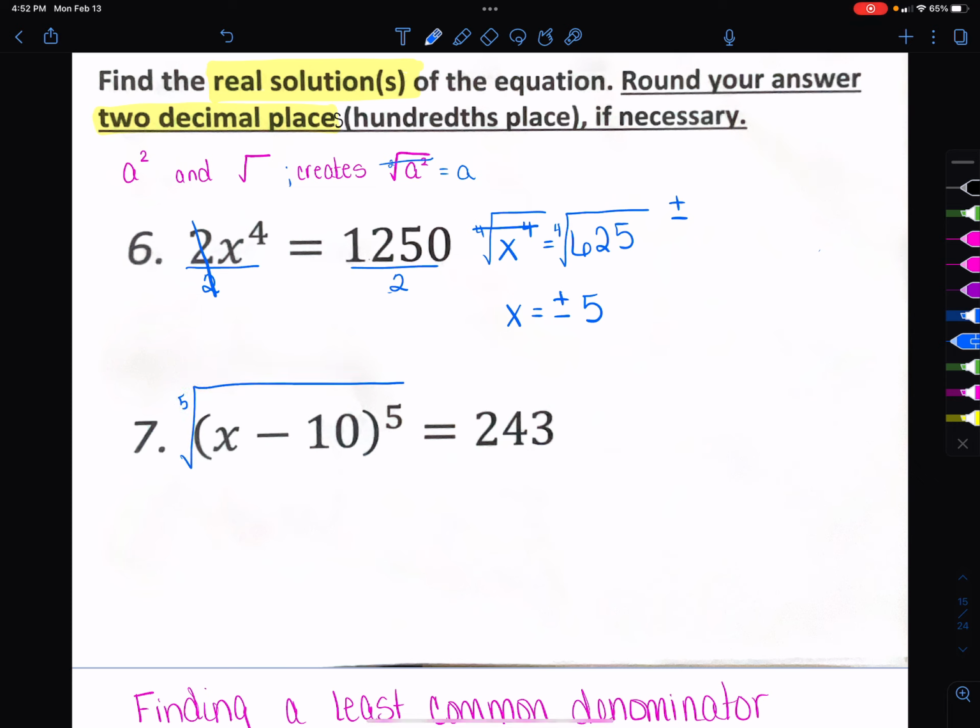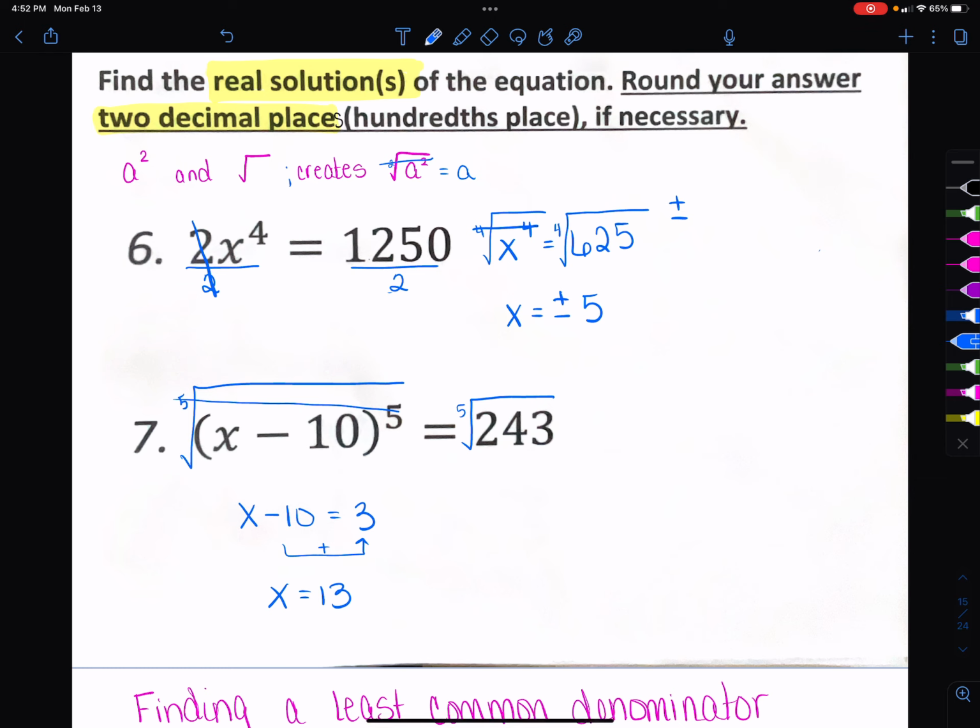On this one, I do not need plus or minus because it's an odd degree. So I am left with x minus 10 is equal to the 5th root of 243, which happens to be 3. Now I'm going to add 10 to both sides, and I get x equals 13.